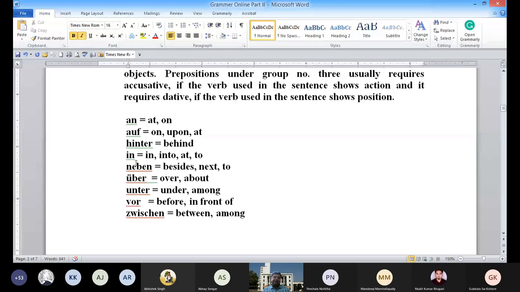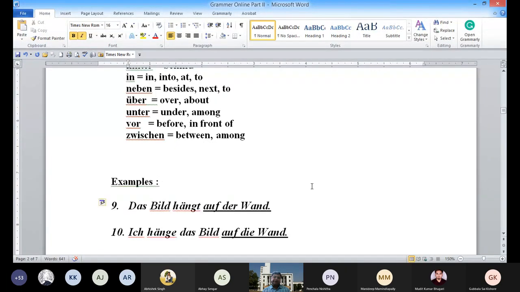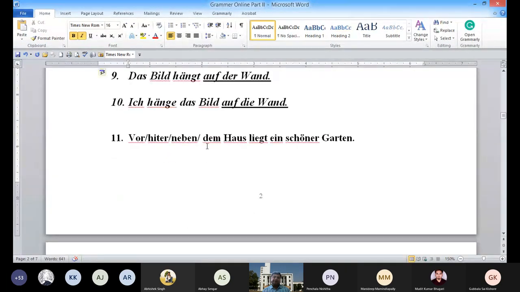So like that you can use any one of these prepositions. In fact, I have given another example where you can very easily understand. Vor means in front of or before, hinter means behind, neben means beside. Dem Haus liegt ein schöner Garten. Okay, so many prepositions can be used.